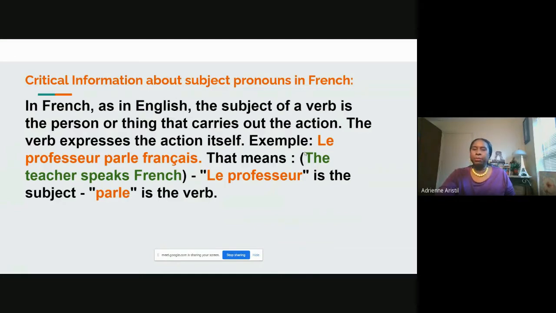For example, le professeur parle français. That means the teacher speaks French. Le professeur is the subject. Parle is the verb.